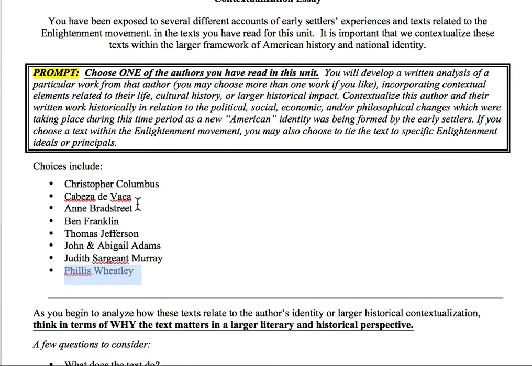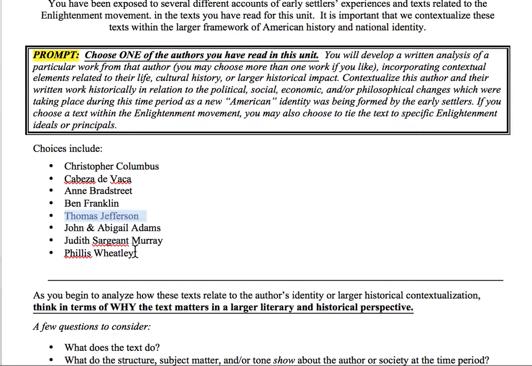So if you choose to do an Enlightenment person in particular, I would definitely say tie those ideas to the Enlightenment. So if you're going to choose to look at Thomas Jefferson, you're going to want to examine the Declaration of Independence for the language that it uses and the structure, but then also look at how it portrays certain Enlightenment principles, such as anything from Locke, anything that talks about the individual rights of man, so on and so forth.